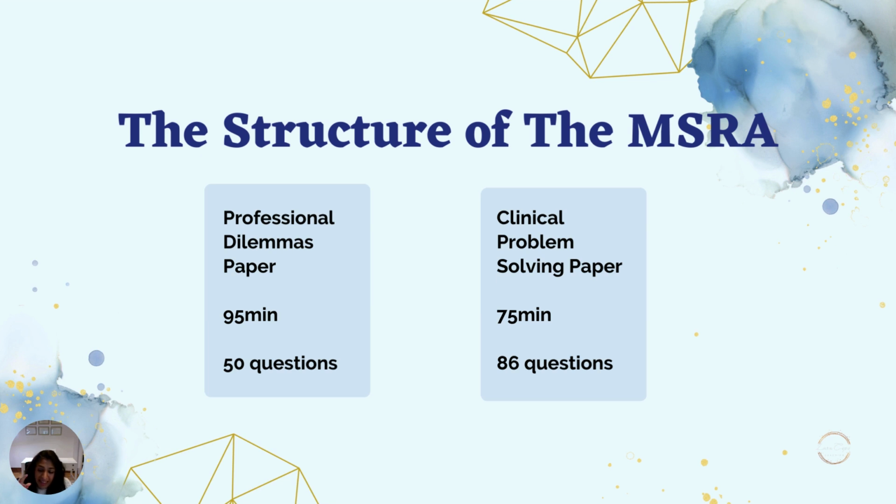And if you're an IMG, although you're asked to assume the role of an F2 doctor, the scenarios are written in such a way that you don't have to have specific knowledge of procedures or policies that are only applicable to certain places or localities in the UK, or very UK specific ones, because this would disadvantage international medical graduates.